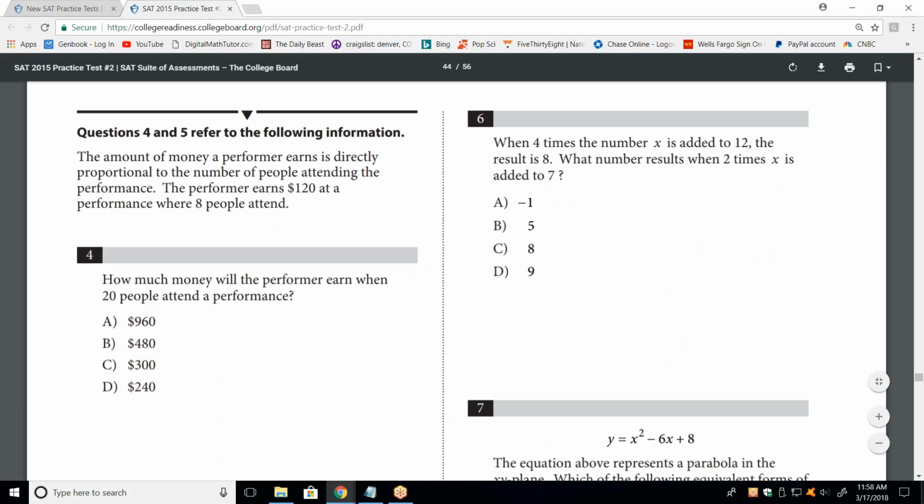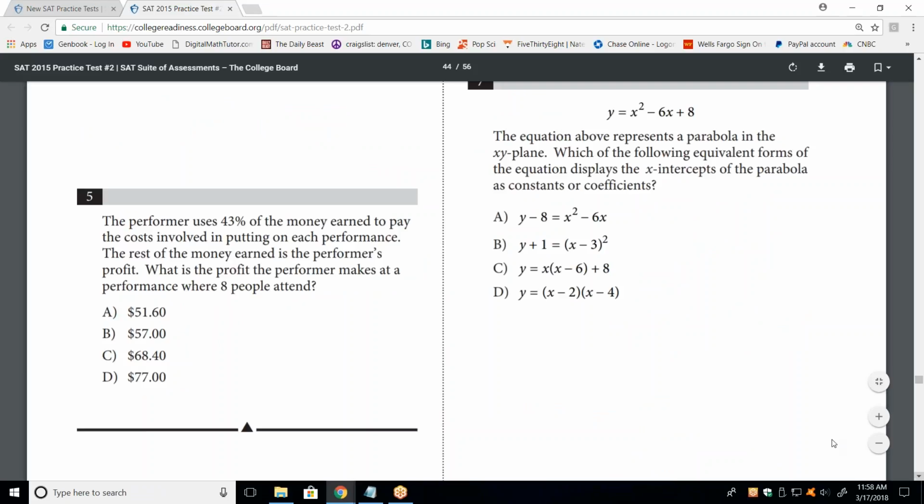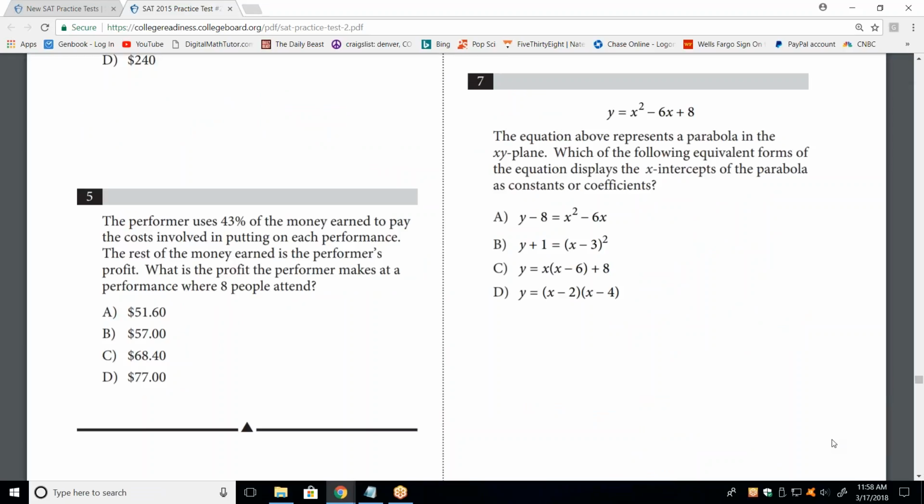Maybe have time for one more. Let's see how tough it is. Okay, we had a problem like this almost exactly on the first practice test. The only difference was the first practice test, they asked which one shows you the vertex.